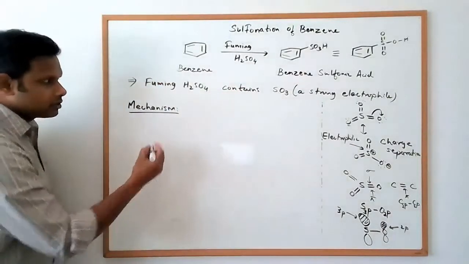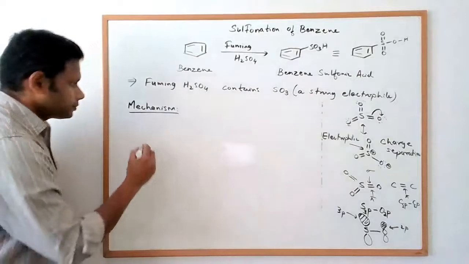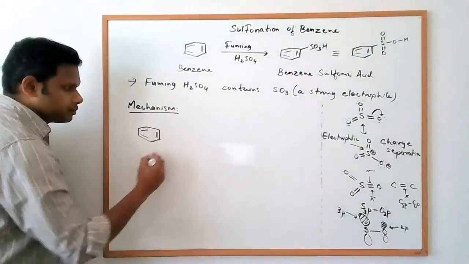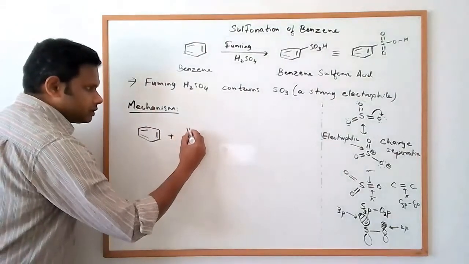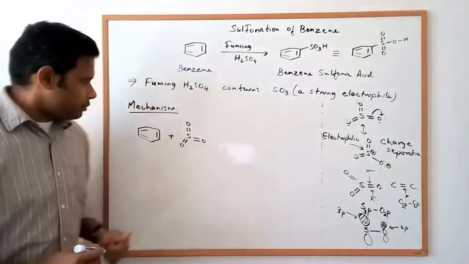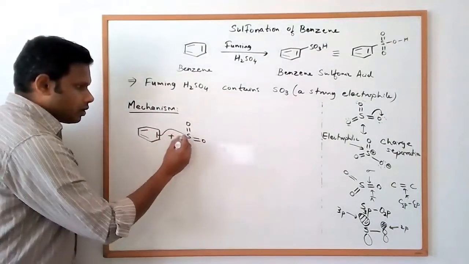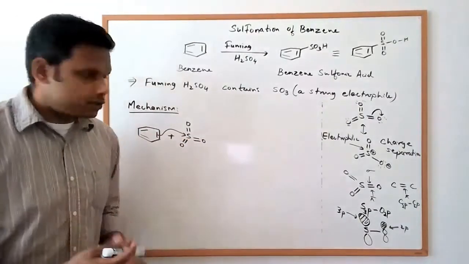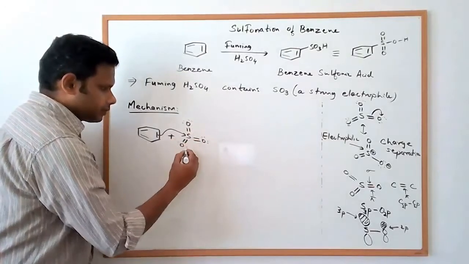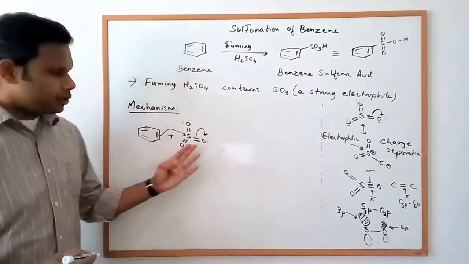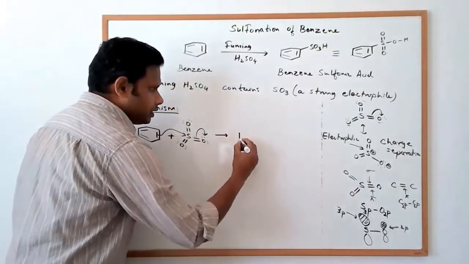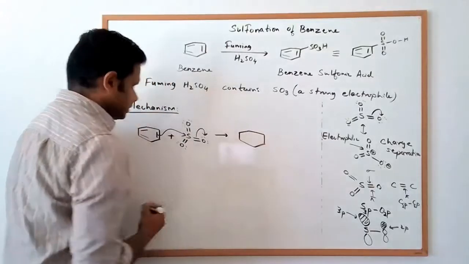So in terms of a mechanism for this particular reaction, the first step, like all other electrophilic aromatic substitutions, involves an initial attack by a pi bond in the benzene on the sulfur, because that's the electrophilic site here. And simultaneously, the pi bond here is going to move up to the oxygen atom. And so this would give us our sigma complex.